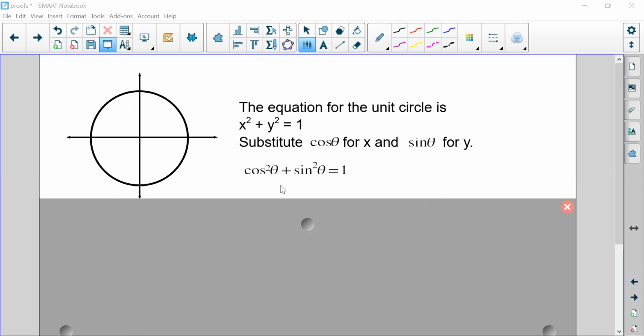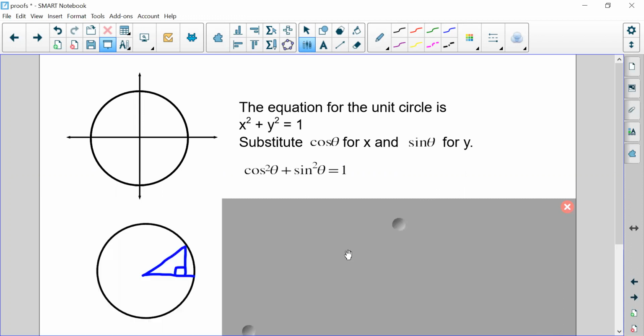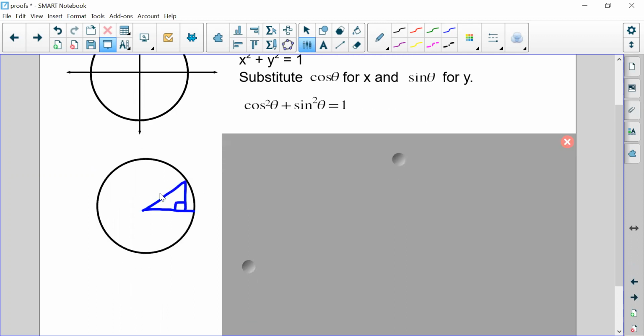There is a second way to convince yourselves that cosine squared plus sine squared equals 1, and that is by using right triangles. If you create a right triangle inside that unit circle, what have you got? You've got a hypotenuse here, which is 1, right? That's the radius. How long is this leg? Well, here's the center.